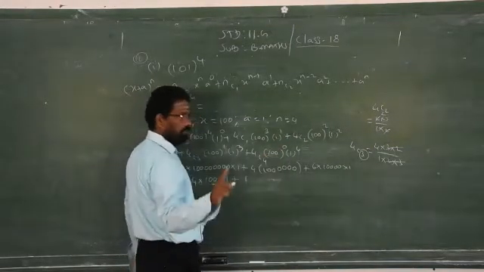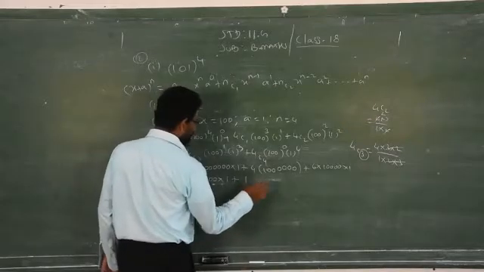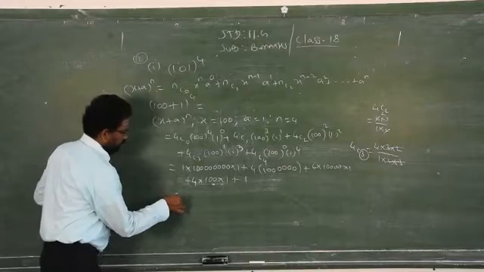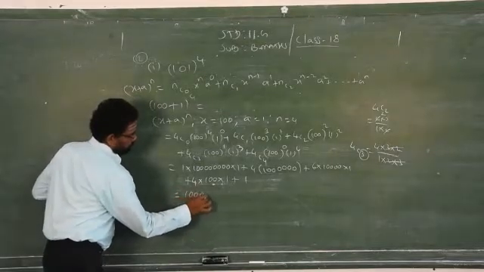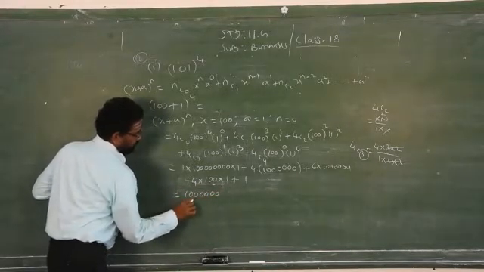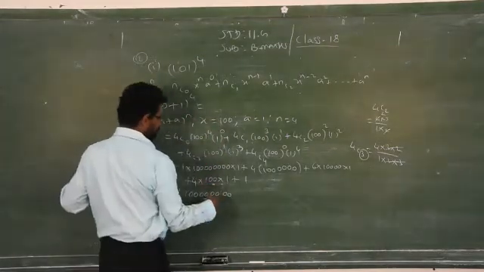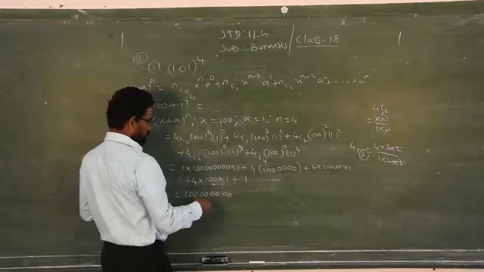Anything power 0 is always 1. 1 power, whatever it is, that is 1. Therefore, you get only 1. Just you have to multiply 1, 2, 3, because 4 power 4, so you have to write the zeros, 2 zeros 4 times.